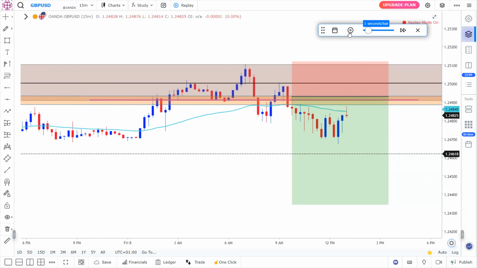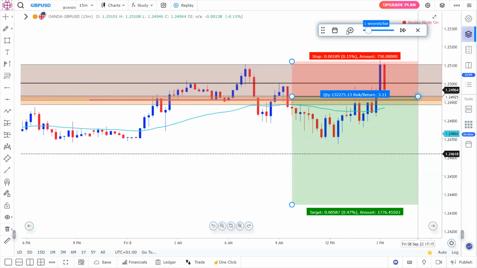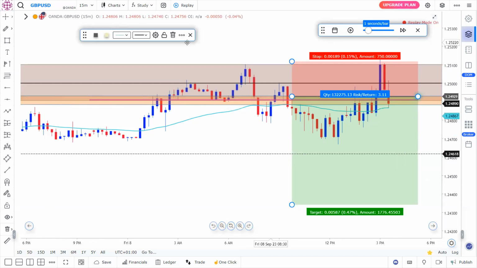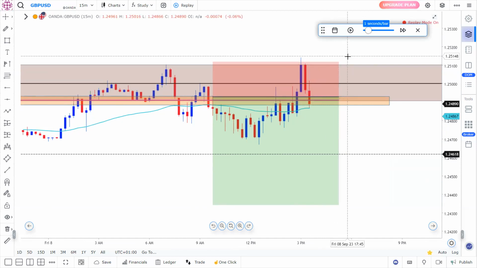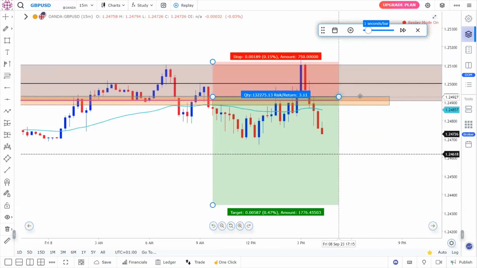Price quickly took out my stop loss right here, only to end up moving as expected. So we had this stop hunt. As you can see, this is less than 3 pips. And then only for price to immediately head way much to the downside.